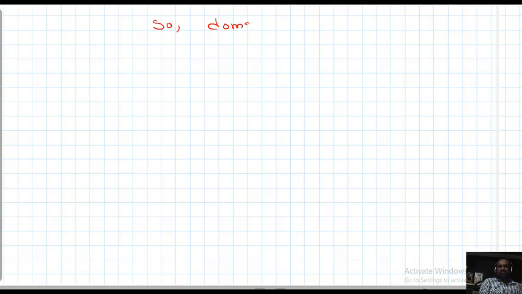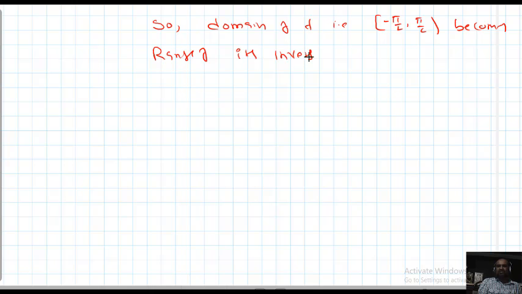So the domain of f, that is minus pi by 2 comma pi by 2, becomes the range of its inverse, in brackets sin inverse of x.